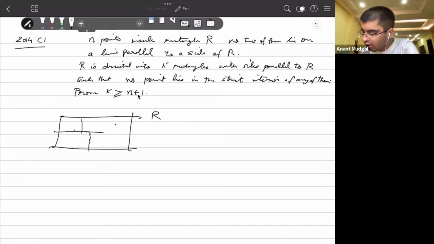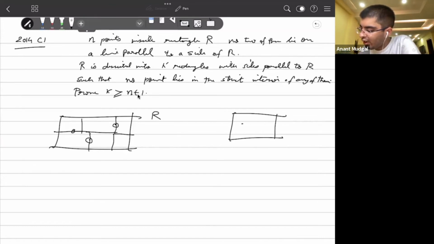So you can do something like this. You split this into a bunch of rectangles. All of them have sides parallel to sides of R, and each of the marked points is not in the interior of any rectangle. So it is on the edges. And you have to prove that you need at least n+1 rectangles. So here there are 6 rectangles and 3 points, which is way too many.